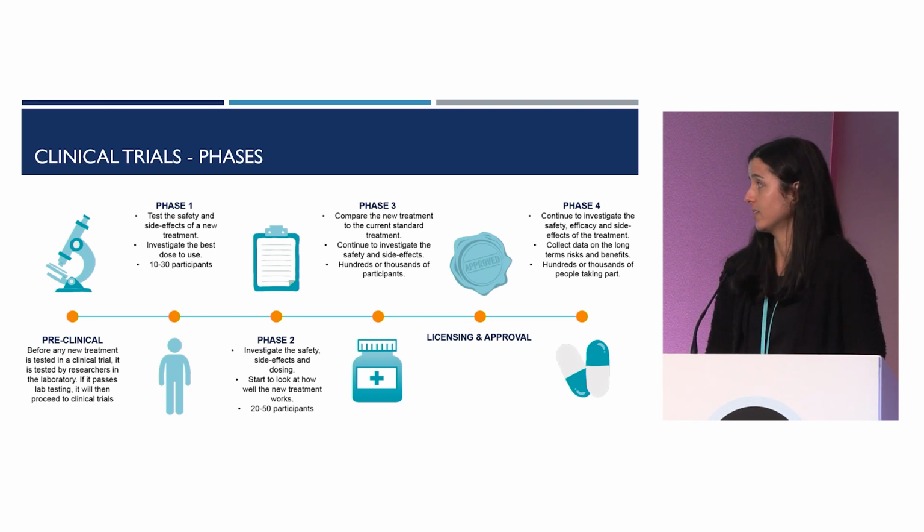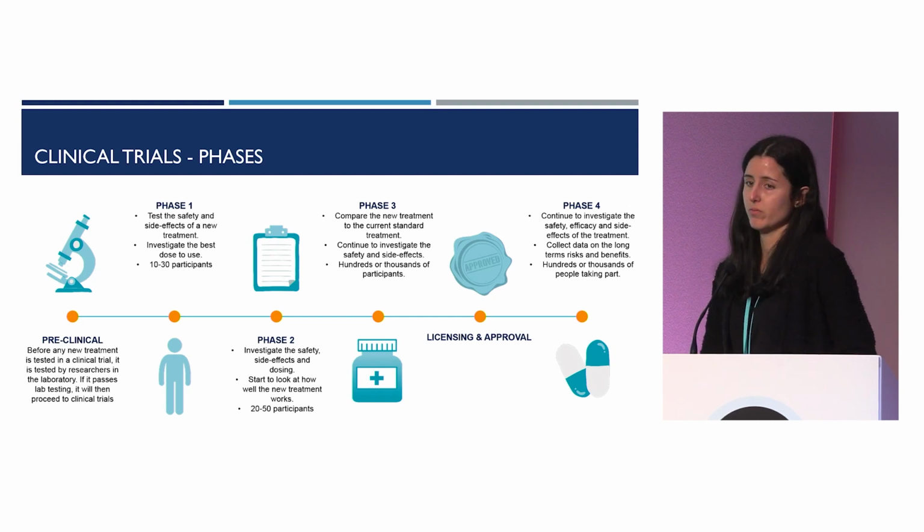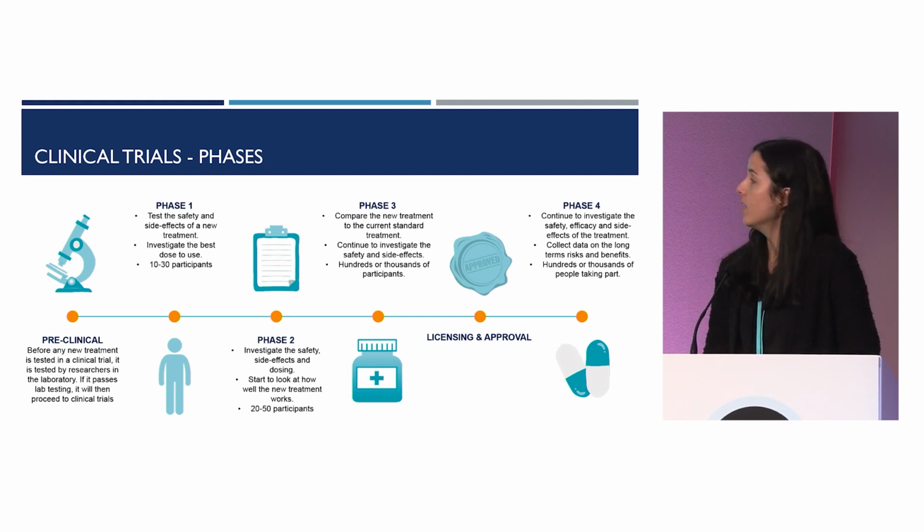Once we start in the lab trying these new treatments and find good candidates, the next phase is moving into phase 1, where the safety and the side effects of the new treatment are tested, and this includes a small cohort of patients.